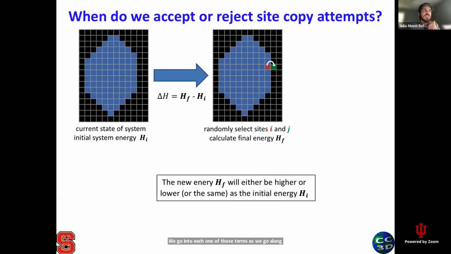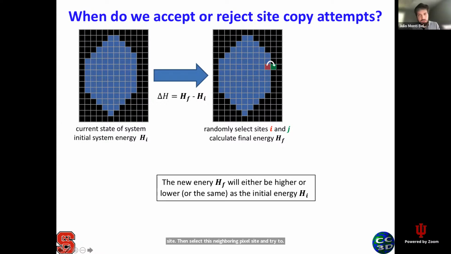So when we accept or when we reject the copy attempt, let's now dive into exactly how this works. Okay, so here the cell is here and has a current energy, initial energy, right? And then you do this copy attempt, you select this pixel site, then select this neighboring pixel site and try to move this over here.